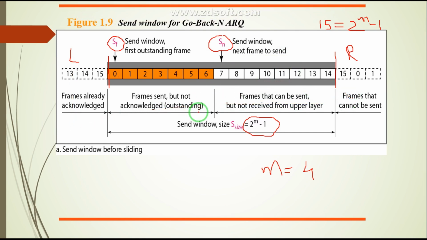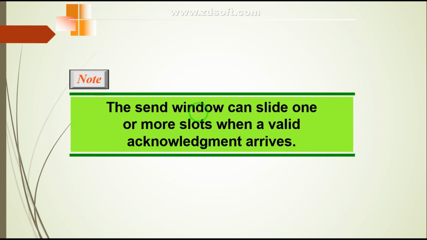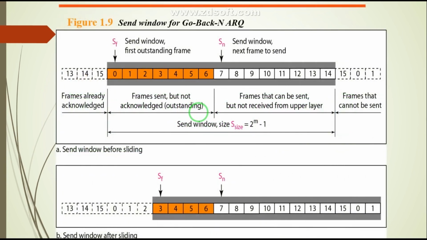Now see what happens when the send window can slide one or more slots when a valid acknowledgement arrives. So this is the send window after sliding. Earlier the position of this window was over here. So when the valid acknowledgement is received, you can see that this window slides 3 slots.